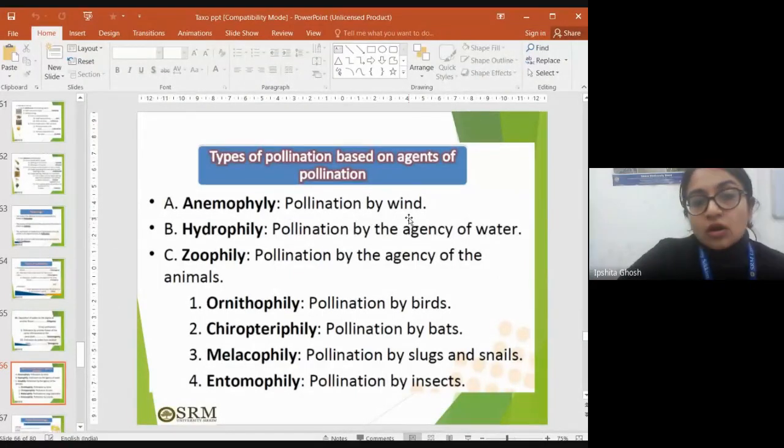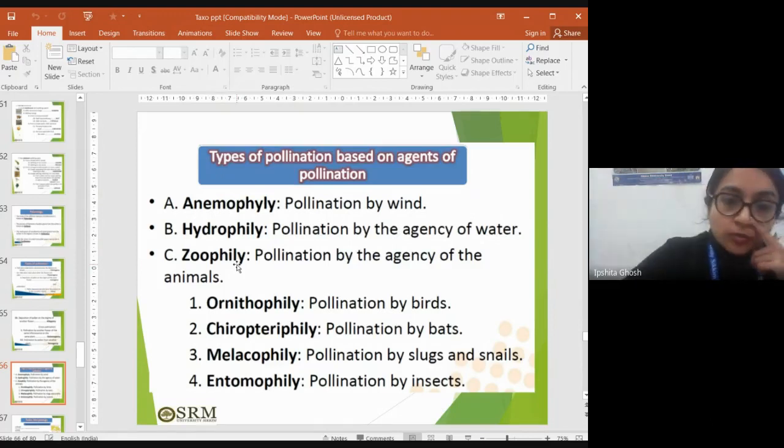So pollination by wind is termed as anemophily, whereas pollination by water is termed as hydrophily. Hydrophily is easy to remember because the prefix hydro refers to water. So what about pollinating agents?